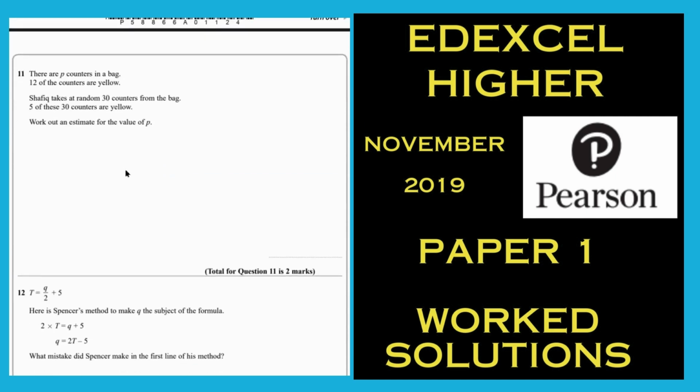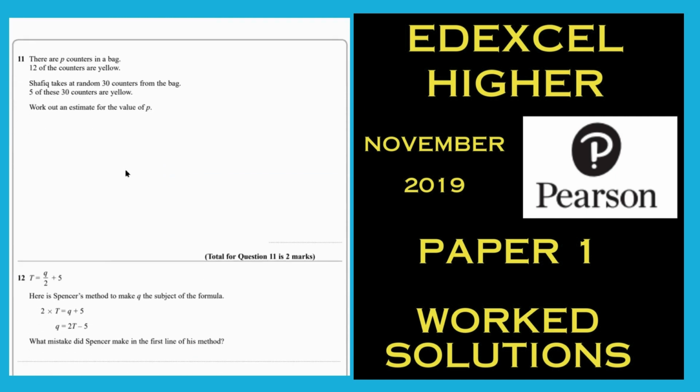Number 11. Lots of complicated ways of doing this. Don't. Actually a lot simpler than you might think. Shafiq takes at random 30 counters, basically 1 out of 6 of the counters he takes out ends up being yellow.